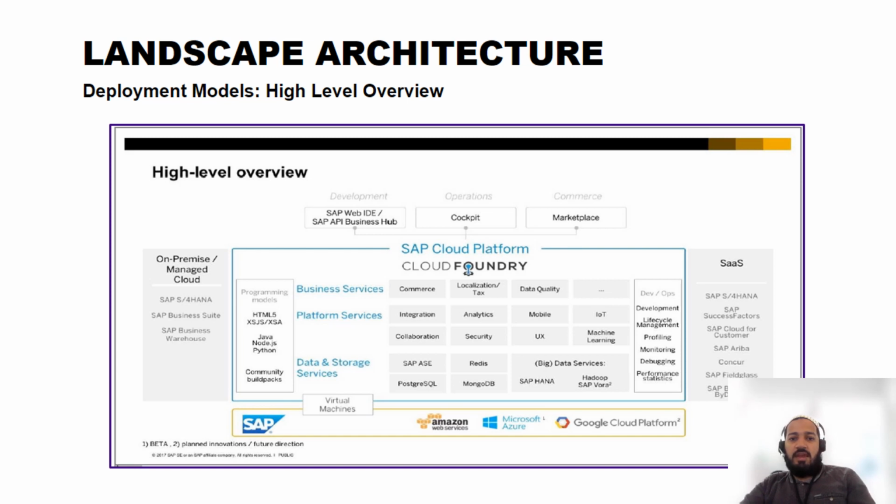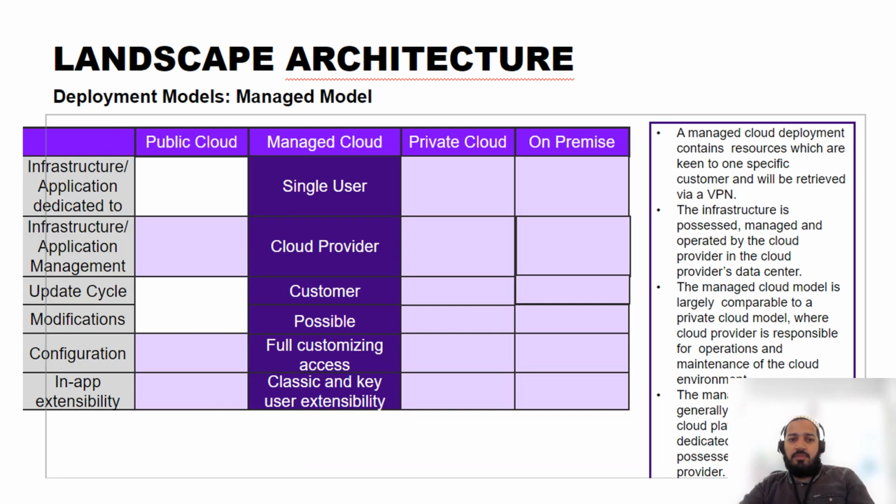On top of that, we have SAP Cloud Platform, Cloud Foundry, with all the required applications running on it. And then there is a separate SaaS and on-prem. On-prem can be deployed on on-prem managed cloud, with SAP S/4HANA, Business Suite and Business Warehouse. So this is the overall high level view.